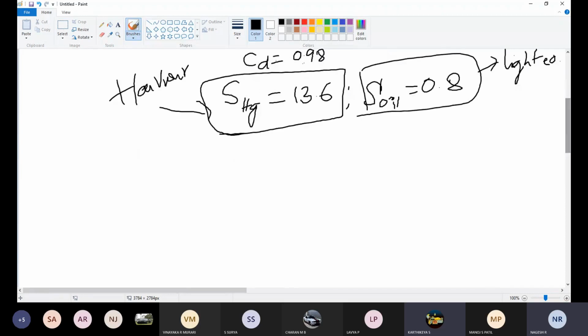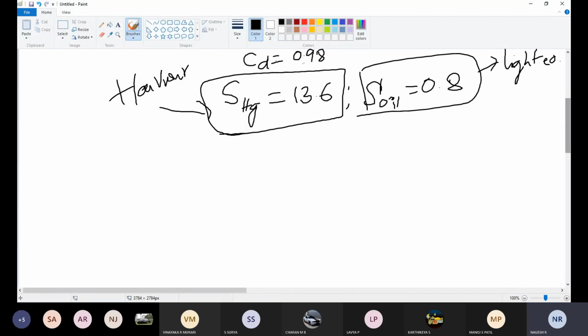So here, in the last class I gave 4 cases. In that, case 1 I said for the heavier liquids, case 2 for lighter liquids, case 3 for inclined, case 4 for inclined. See now, mercury is a heavier liquid.